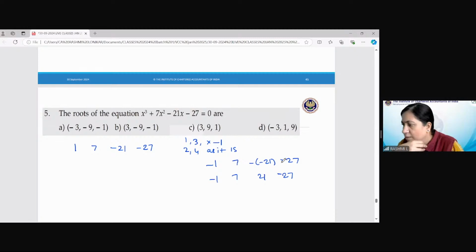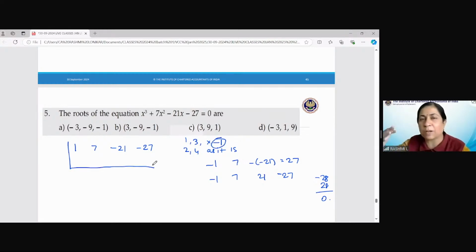Okay. Yes, -27. So -1 minus 27 is -28. 7 and 21 is +28. 0. So that means what? -1 is the factor. अगर आपने फर्स्ट थर्ड को मल्टीप्लाई किया माइनस से और सेकंड और फोर्थ को वैसे ही रखा और उन दोनों की एडिशन की और 0 आया तो -1 is a factor.